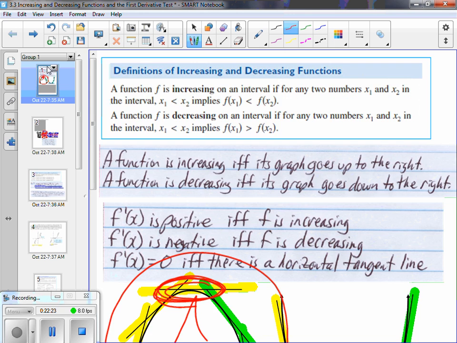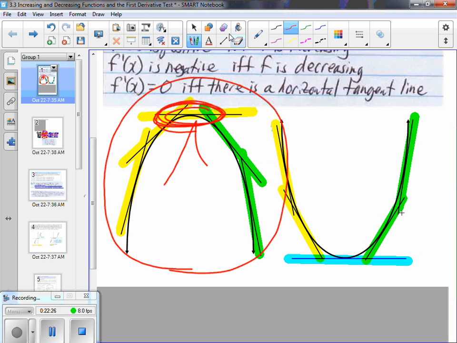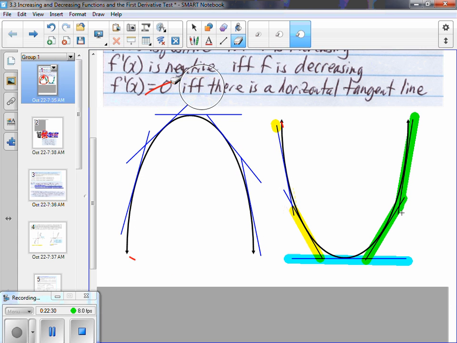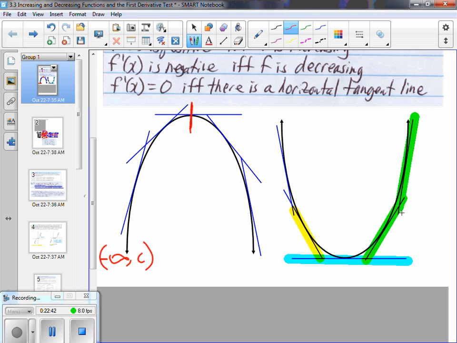If we go back to this graph here, this parabola is not strictly monotonic, but it is from negative infinity to whatever that x-coordinate is. It's strictly monotonic from negative infinity to c, and then isn't it strictly monotonic again from c to infinity? So we divide functions up into intervals so that they're either always increasing on that interval or always decreasing on that interval.